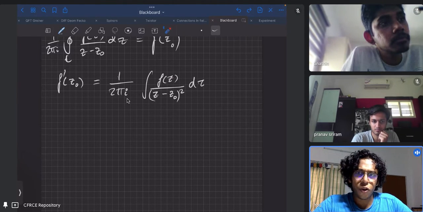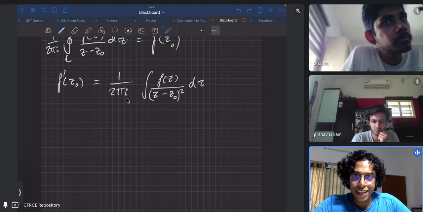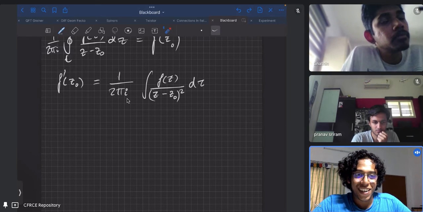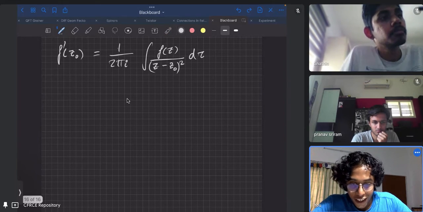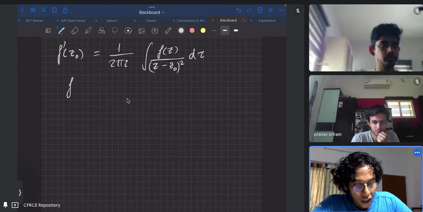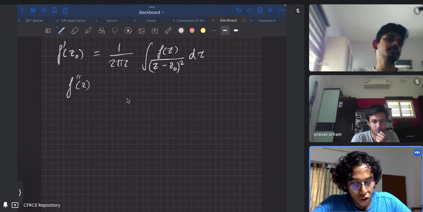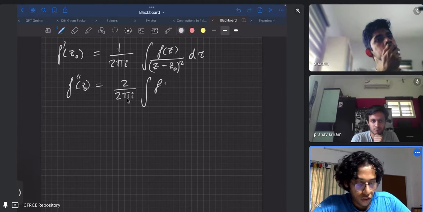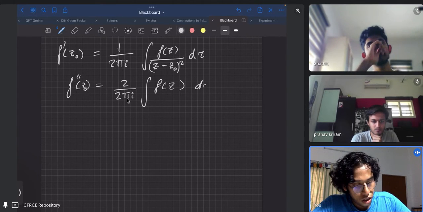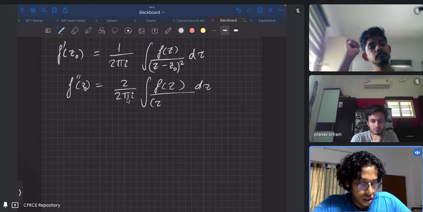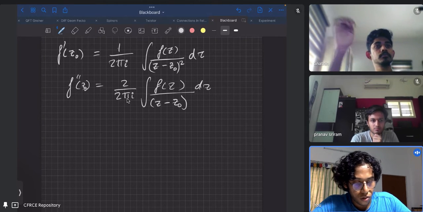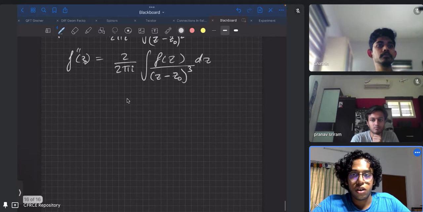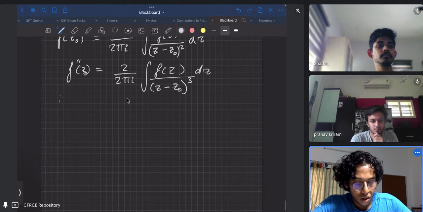Now you can also take this differentiation further. Pretty abstract, but if you differentiate again, you get 2 by 2 pi i, the integral of f of z dz by z minus z naught whole squared, and so on.